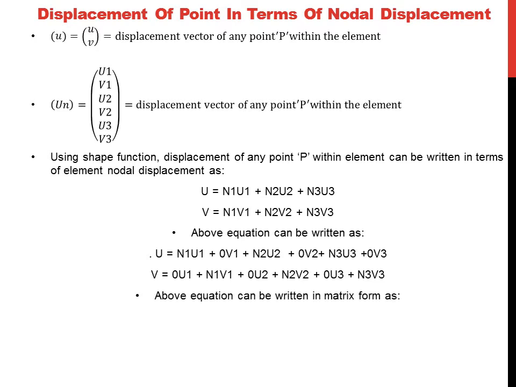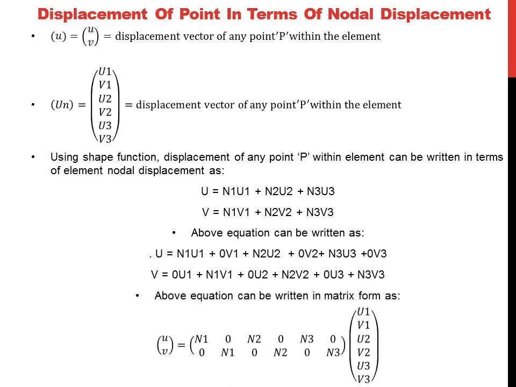Now the above equations can be written in matrix form as: U, V is equal to the matrix n1 0, n2 0, n3 0 in the first row and 0 n1, 0 n2, 0 n3 in the second row, multiplied by the column vector u1 v1 u2 v2 and u3 v3. You will get the same equations as above.